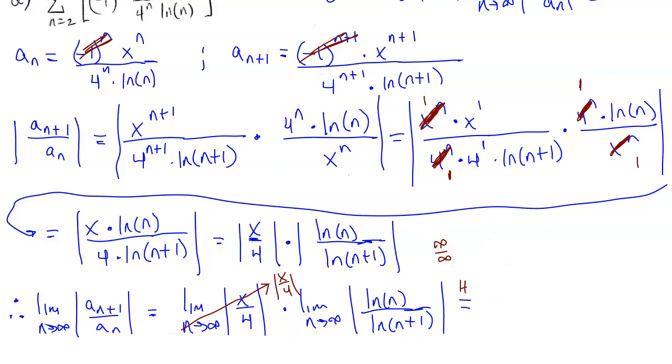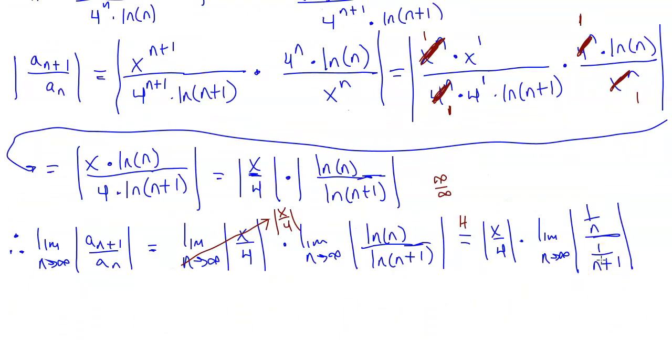Okay, so if we use L'Hopital's rule, of course, we're going to carry over the fact that we have this constant absolute value of x divided by 4 there. But now we need to take the derivative of the numerator and denominator separately here. And that's just going to be 1 over n, and the derivative of natural log of 1 plus n via the chain rule is also going to be 1 over n plus 1.